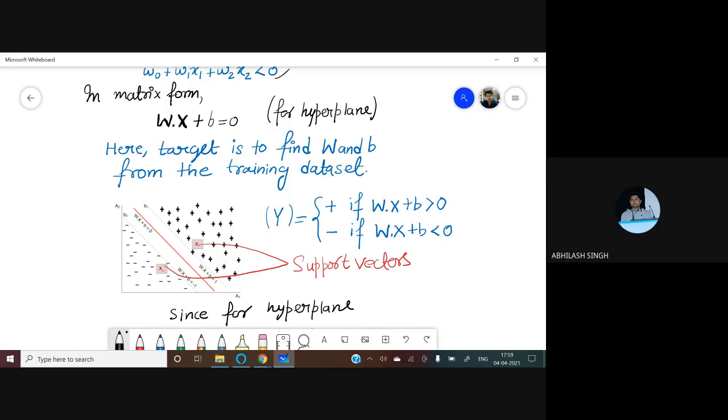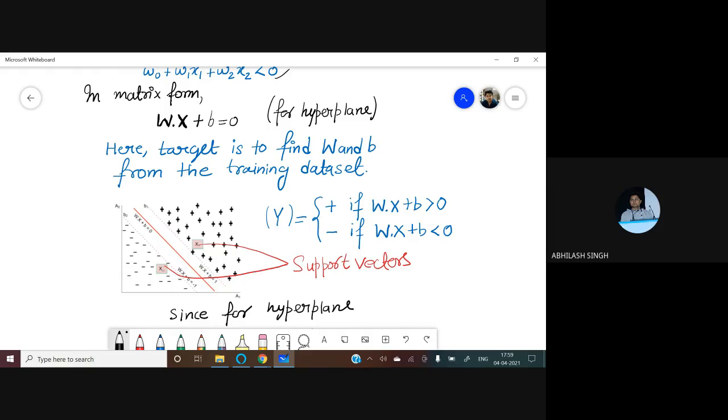Once you get that equation, it is very easy to classify things, because you know that the equation for the hyperplane is w dot x plus b equal to 0, and the equation for the decision boundary is w dot x plus b equal to 1, where dot represents the dot product.